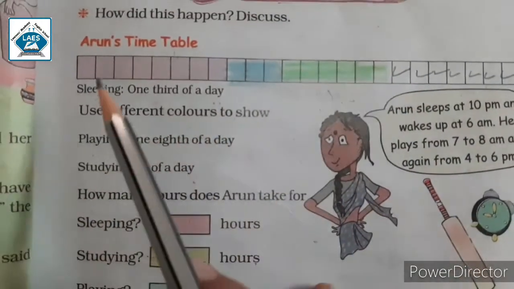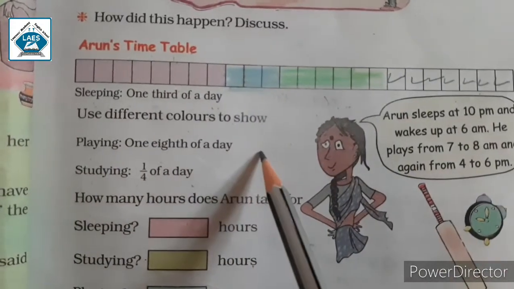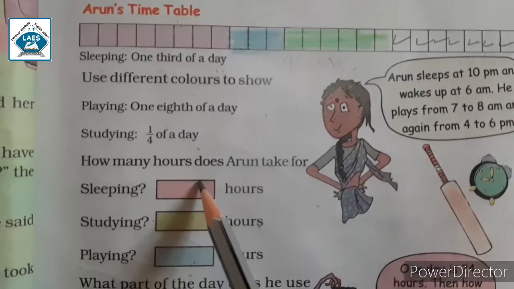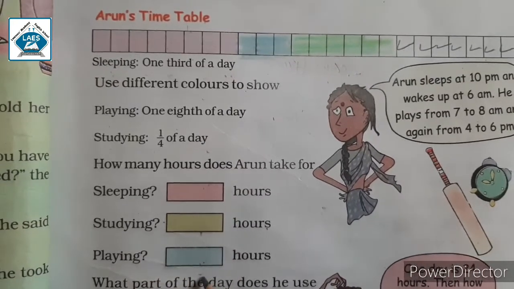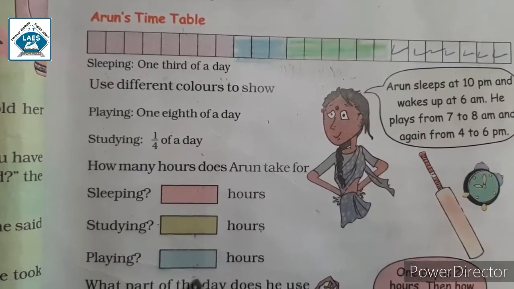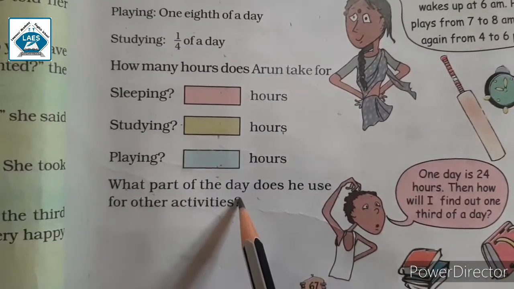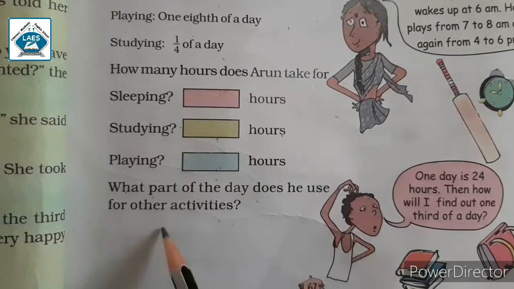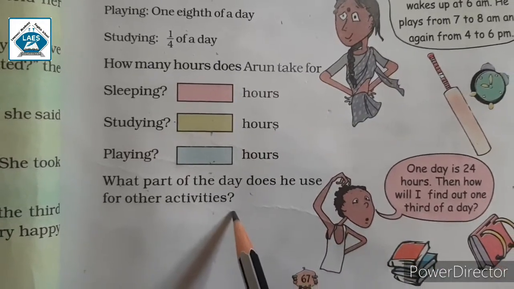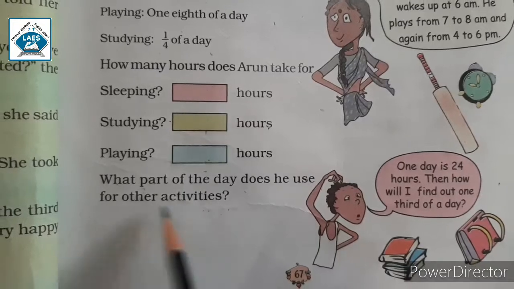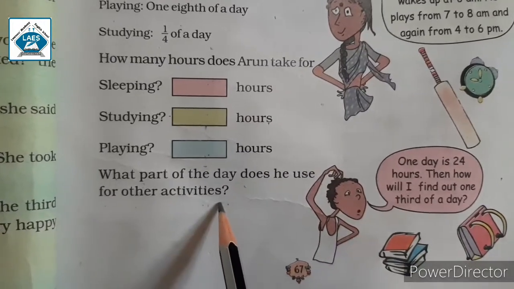This is the whole 24 hours time, and this is divided in sleeping, studying and playing. Now what part of the day does he use for other activities? Answer: 7 hours for other activities.